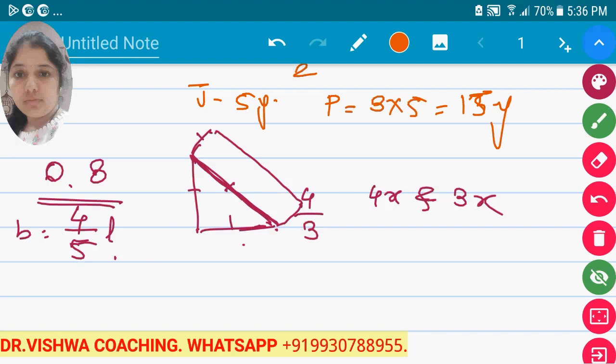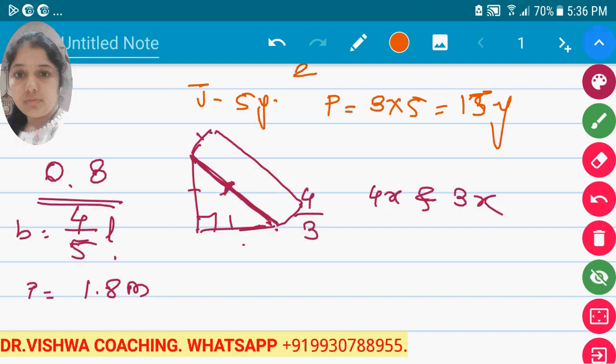Now first we will calculate the length, and the perimeter of the rectangle is given to you, which is 1.8 meter. Now see, first we will calculate the length of the rectangle.